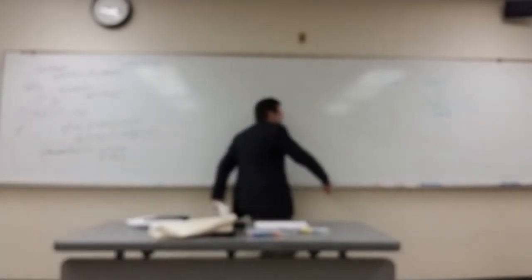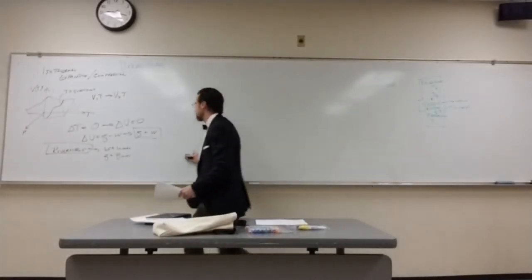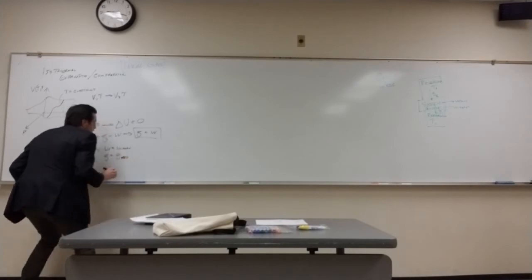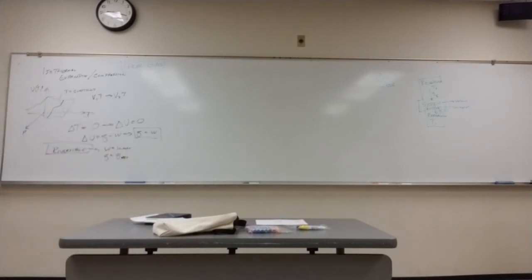That tells us that W is the maximum work and Q equals the max Q rev, using the language that we had in the last lecture.